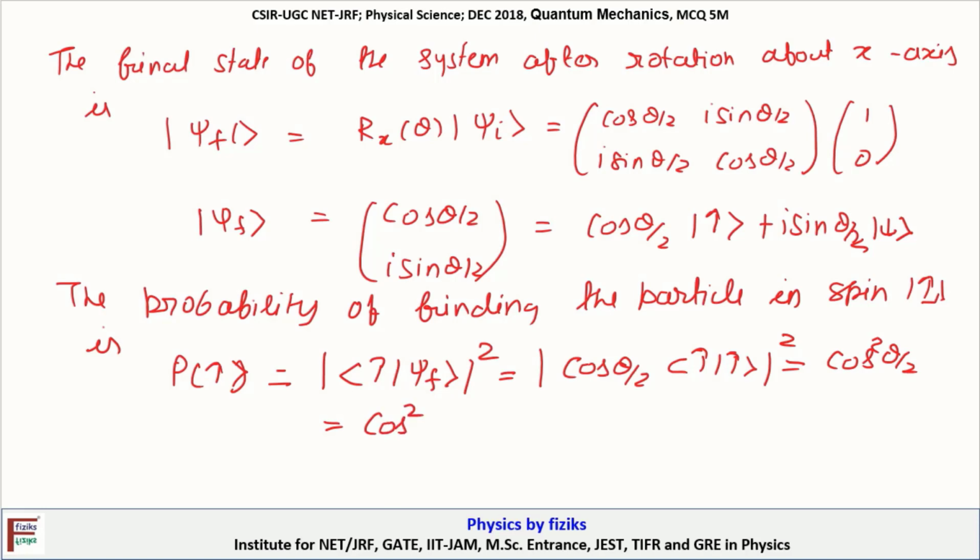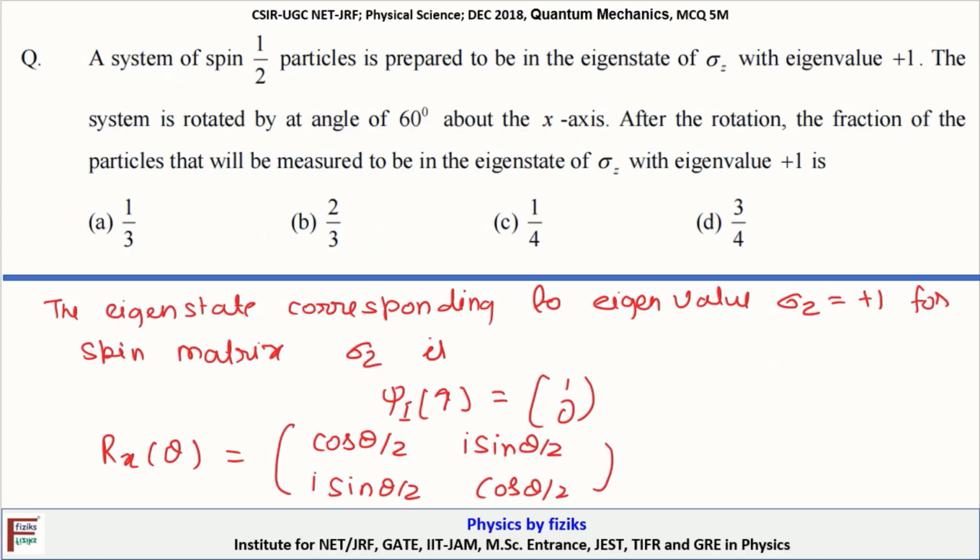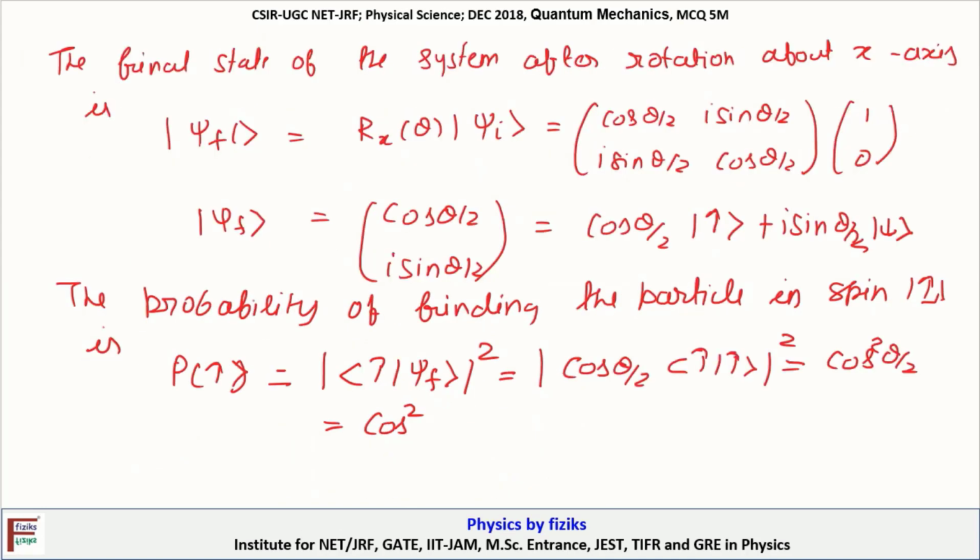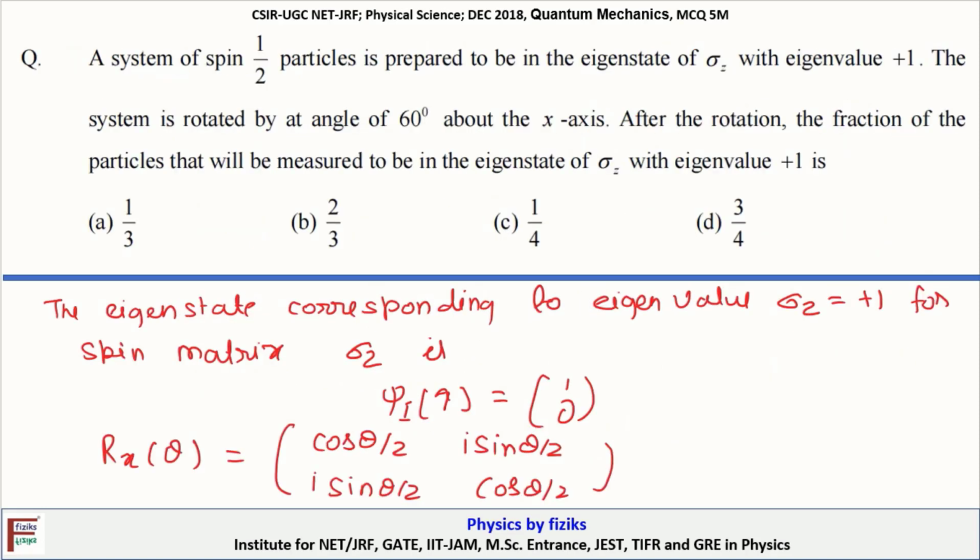Theta is, I think, 60 degrees, pi by 3. So cos pi by 6. Cos pi by 6 is root 3 by 2, squared, that is 3 by 4. So let us check which option is correct. So option D is correct for this problem.